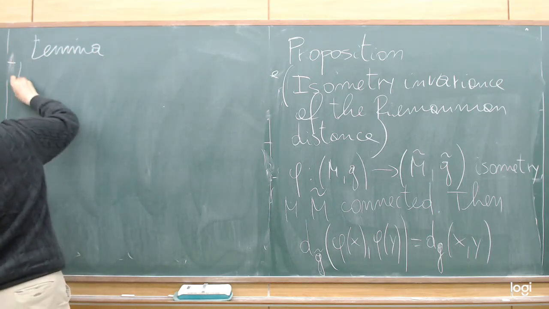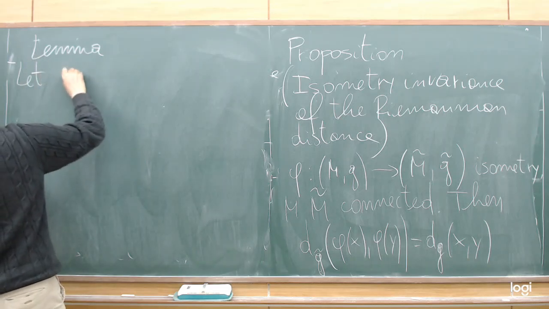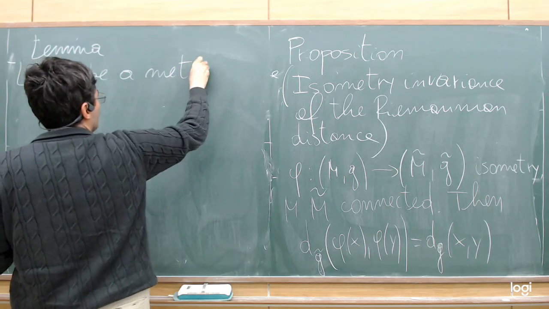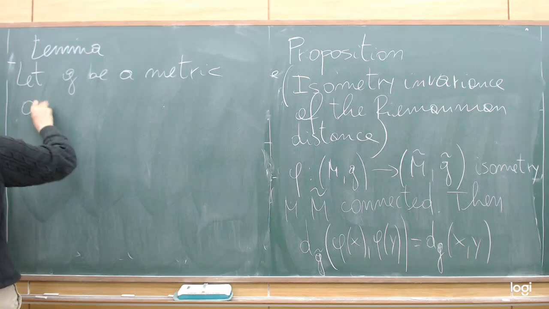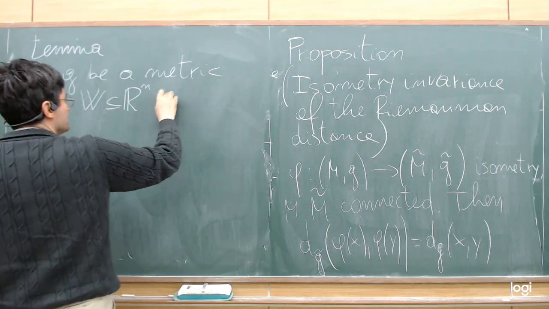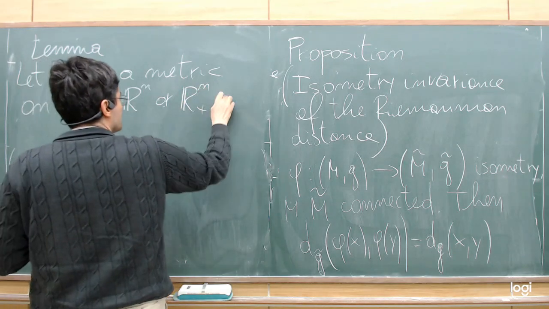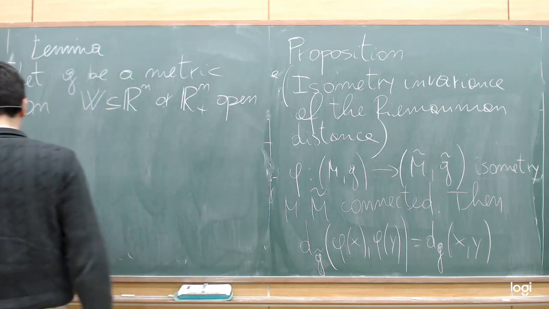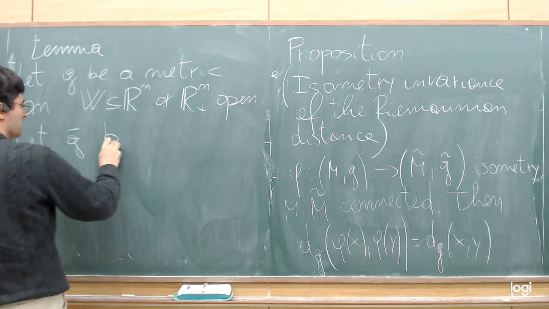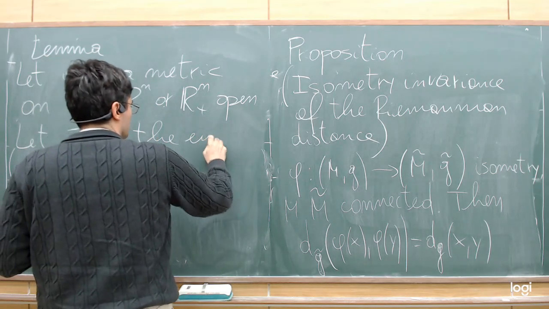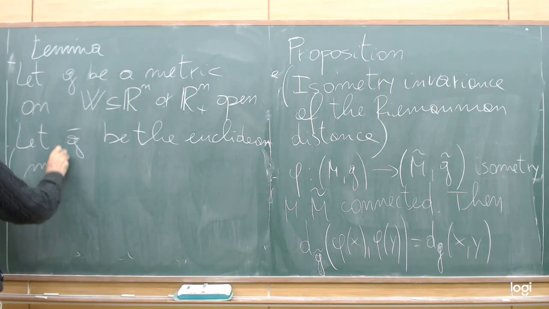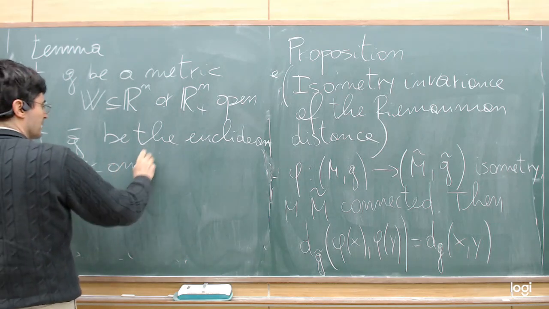So let's suppose that g is a metric on W in R^n or R^n plus, and let g bar be the Euclidean metric on W.